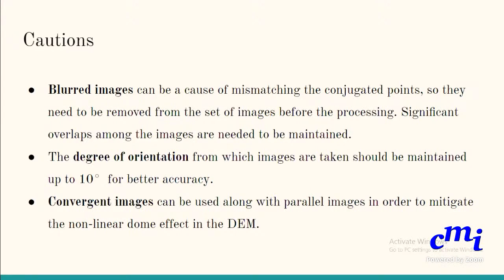There's also a degree of orientation constraint, which should be maintained up to 10 degrees for better accuracy. And convergent images can be used along with parallel images in order to mitigate the nonlinear dome effect in the DEM. Yeah. Next, please.